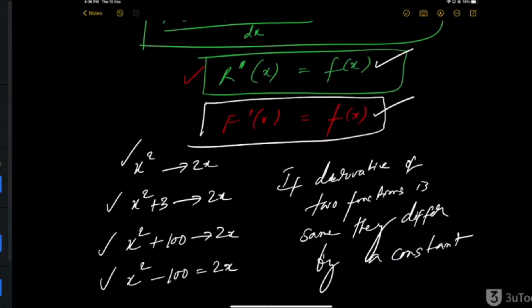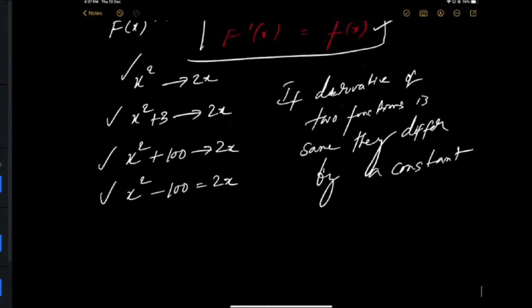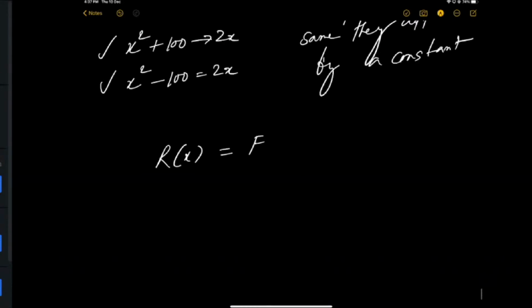That means derivatives of R of x and F of x are same. So R of x and F of x differ by a constant. R of x must be equal to F of x plus some constant k. Do you agree?